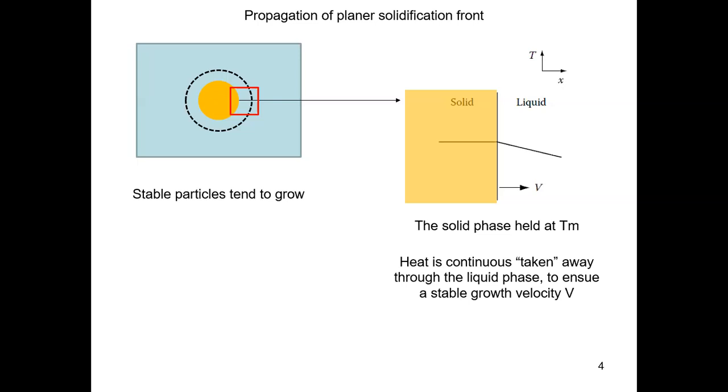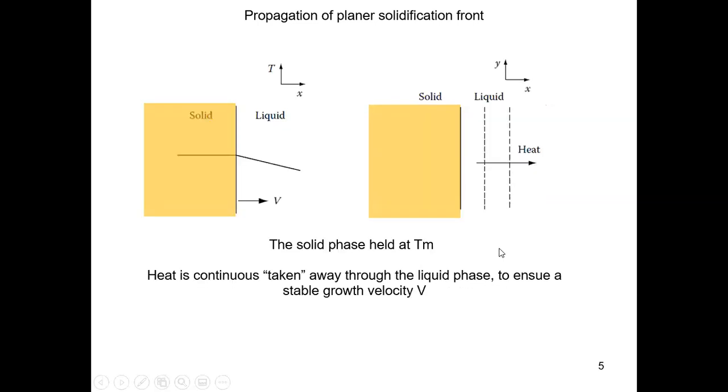Now, if we understand this point, the subsequent analysis is very straightforward. If you want to induce a steady state propagation velocity of the solid, this means that you're constantly transforming the liquid into solid, right? And this is going to generate heat.